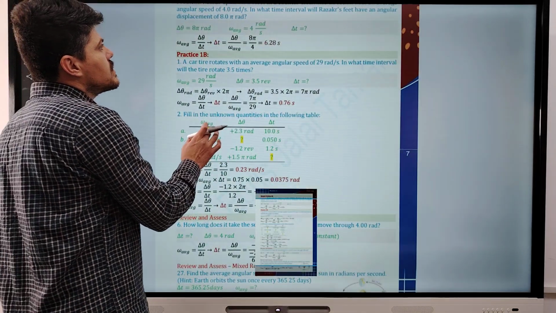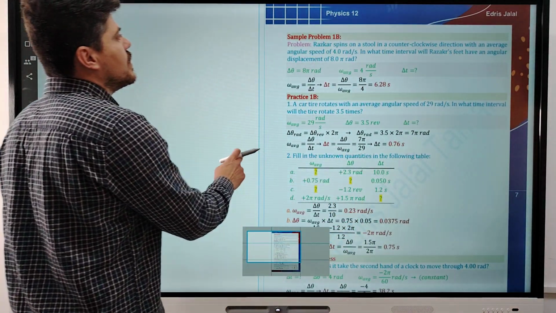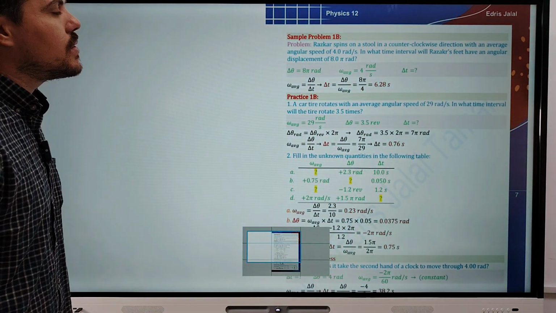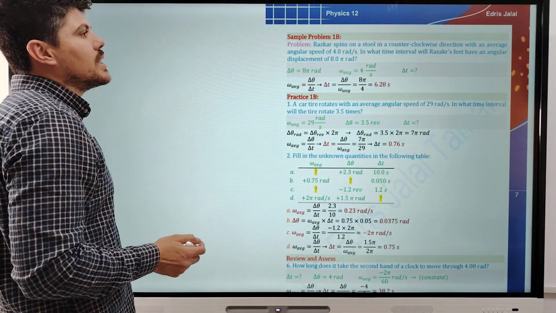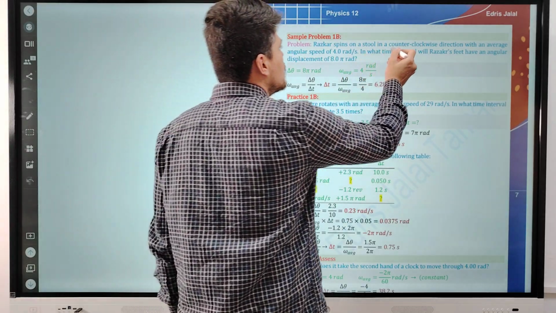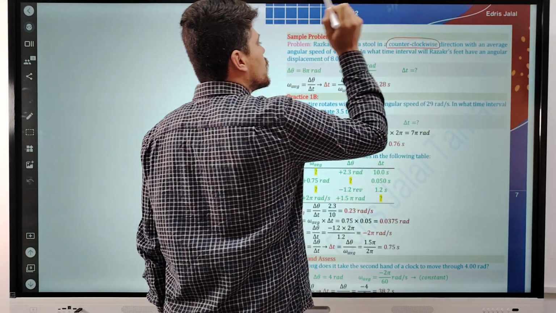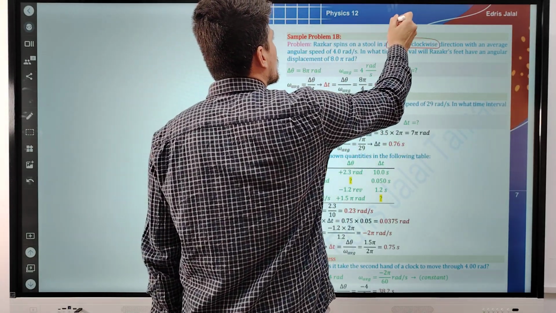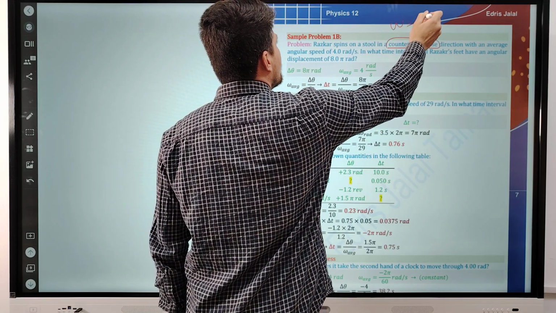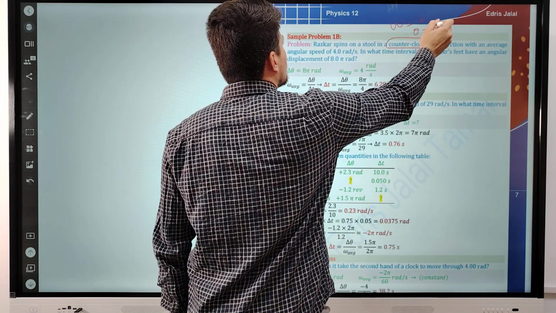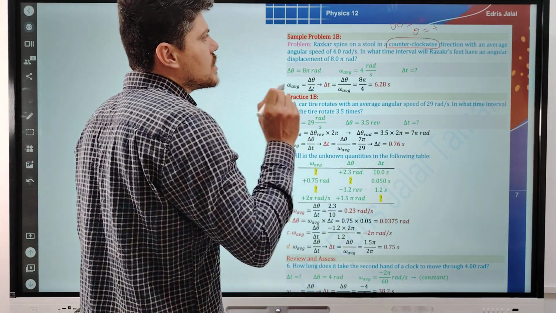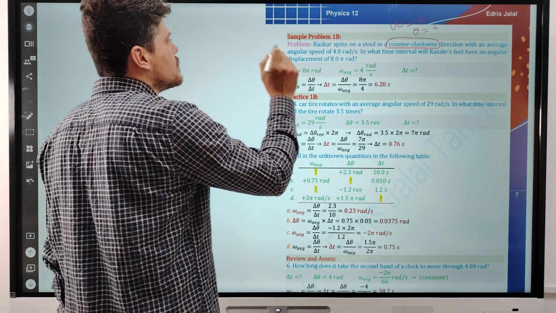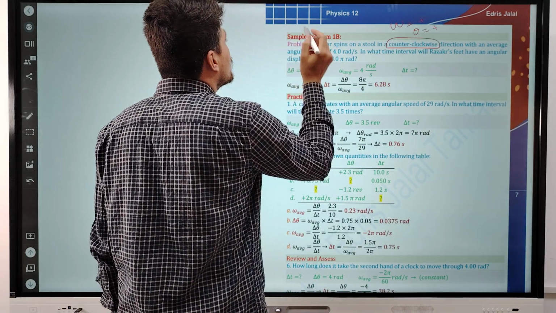Okay, so let's solve the sample problem and the practice of angular speed. Raskar spins on a stool counterclockwise. When you see counterclockwise, it means that omega is positive, theta is positive. Counterclockwise direction with an average angular speed.